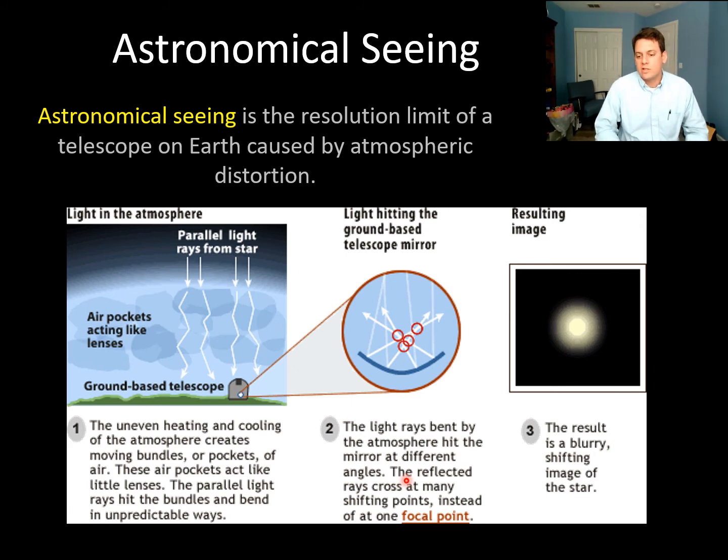And so they no longer focus perfectly to a point. They're a little bit off. And so you get a fuzzy image, okay? And you get one that changes over time. That's the twinkling again, right? Because as the air moves, the rays get jiggled around. And so the focal points get jiggled around. And so the result is fuzziness.